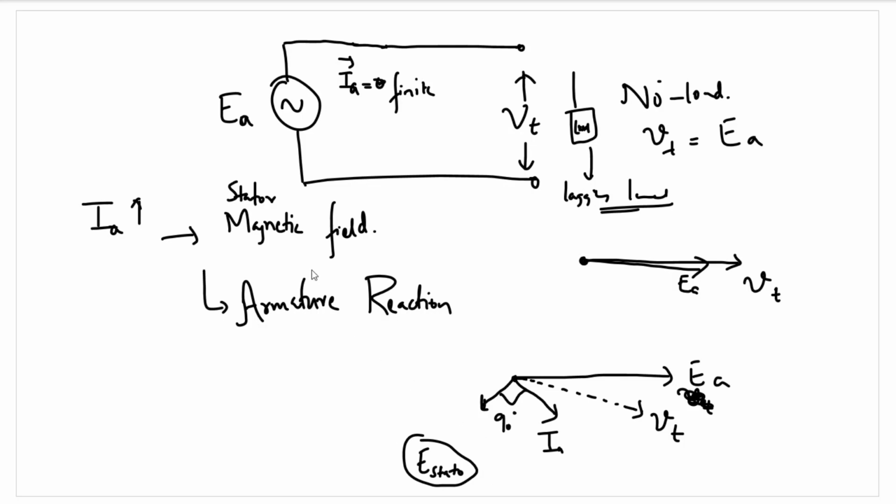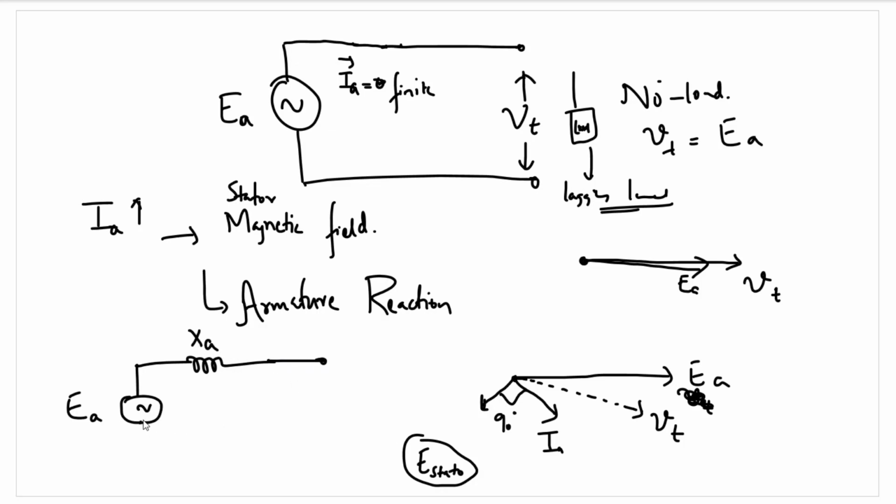So we can use a reactance. If EA is the generated voltage, we can use XA.